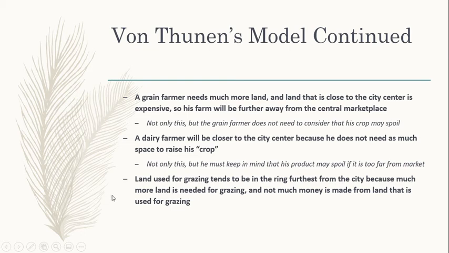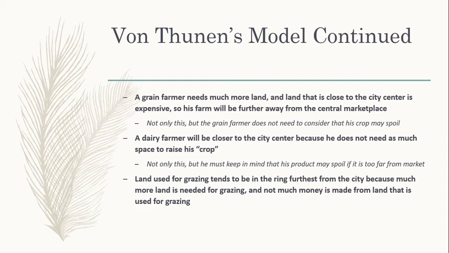So also land use for grazing tends to be in the ring furthest from the city because much more land is needed for grazing and not much money is made from the land that is used for grazing. So the key here, if you're going to have herds that are going to graze, is to try to find the cheapest land, which is going to be the land absolutely furthest away from the city.